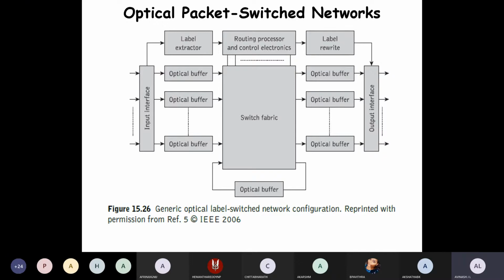Between these two there is an optical buffer, and optical buffers at the two ends. You can see the label extractor, and the routing processor and control electronics will be present, as well as the switch fabric and optical buffer. These are just a configuration. You can understand very clearly how the data will be routed from one end to another end.